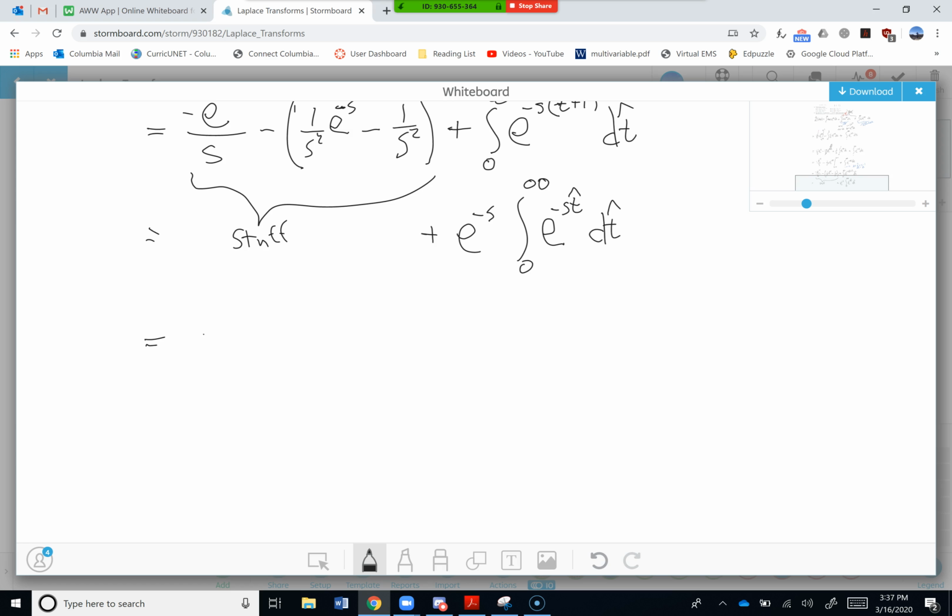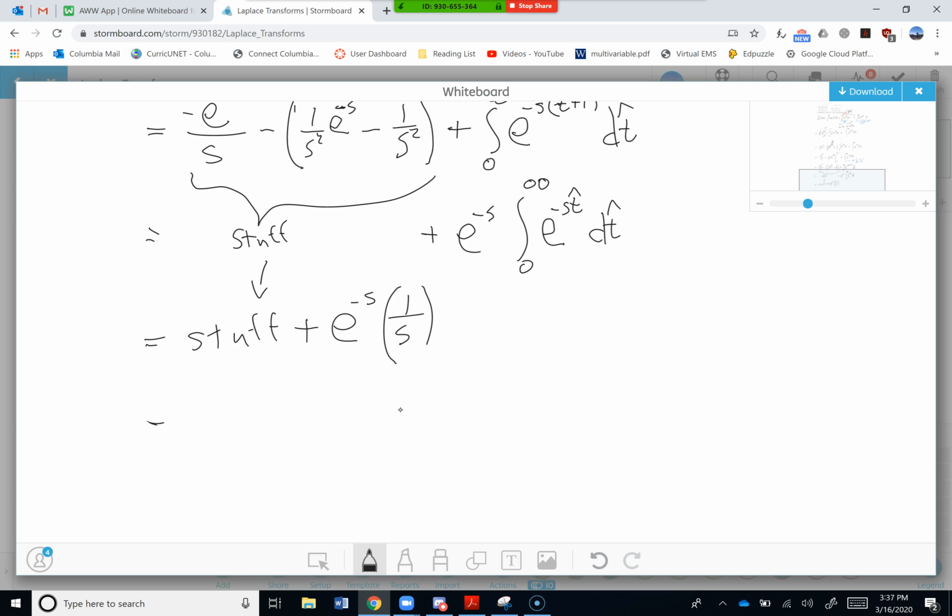Okay, which is the same stuff plus an e to the minus s times, what is that stuff the Laplace transform of? 1. Good. So that's plus e to the minus s times the Laplace transform of 1, which is 1 over s.